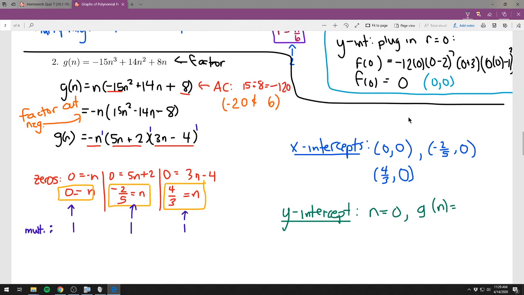It's totally up to you. If we plug in 0 for n, we'll get 0 in every spot. And that'll give you 0. And then the coordinates for that would be 0, 0.